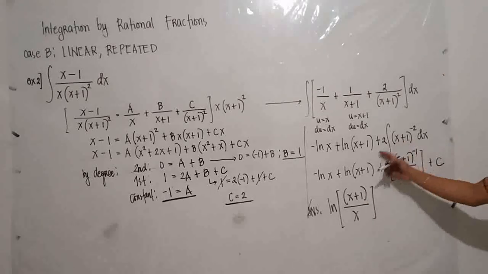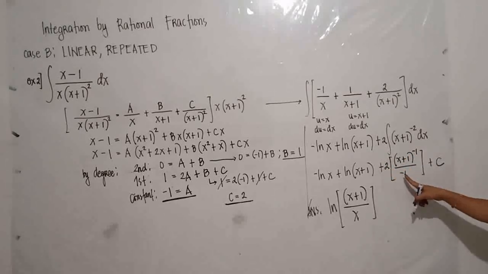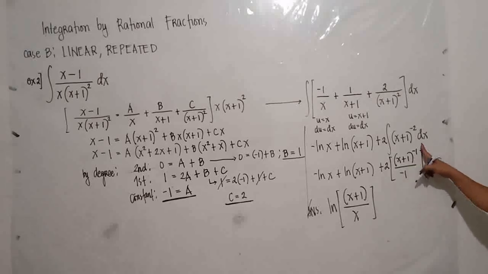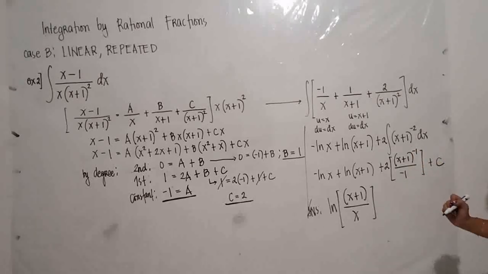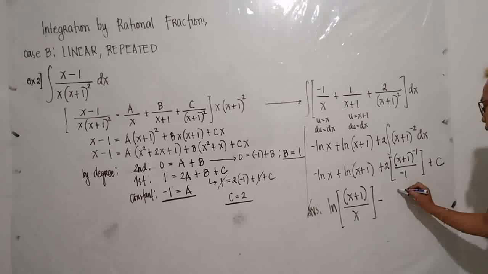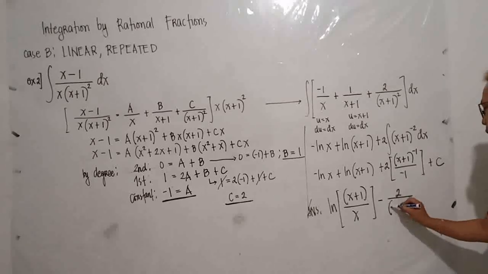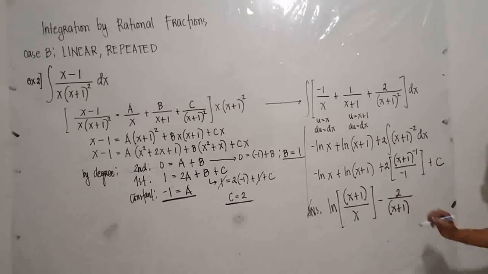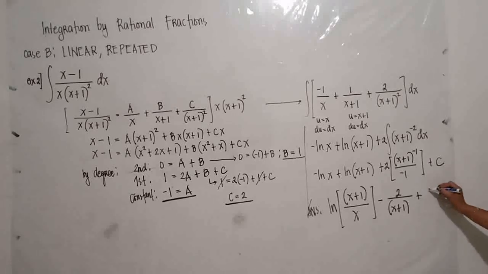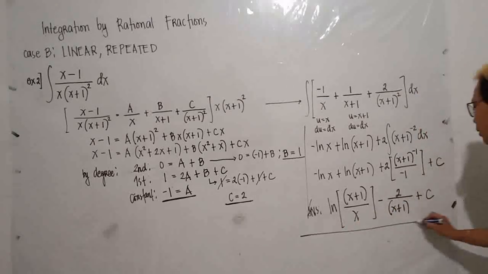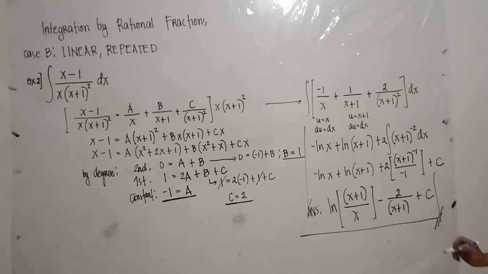Tapos this one, this is positive and this is negative. So you will have negative 2. Then this is negative exponent, pwede natin ibaba. So you will now have minus 2 over x plus 1 plus c. So this will be your final answer.